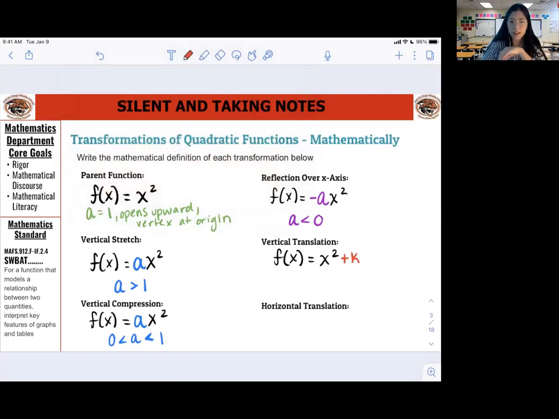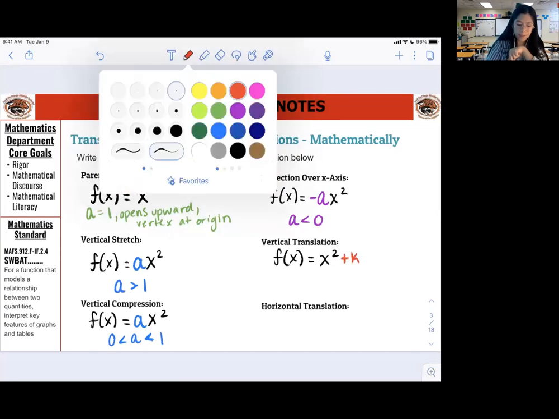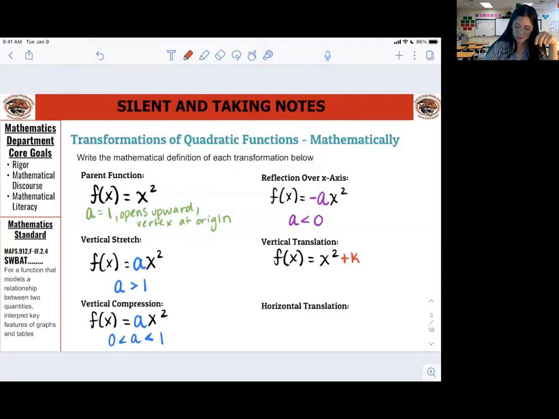So the constant at the end of the equation. And it goes two different ways. If k is positive, if k is greater than 0, it's going to go up k units. And if k is less than 0, it's going to go down k units. So vertical translation goes up and down.